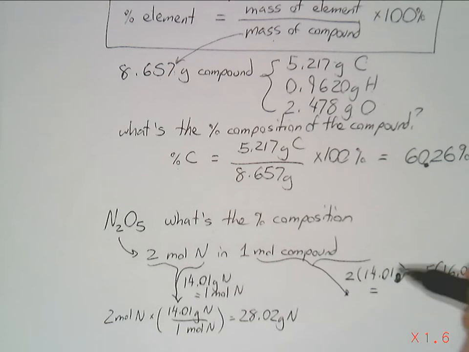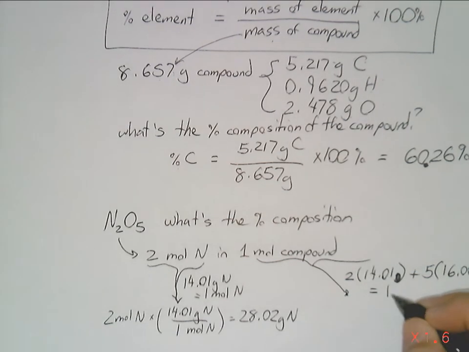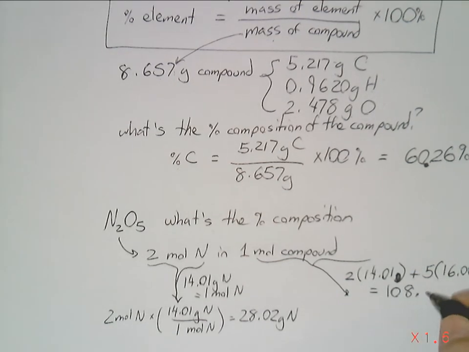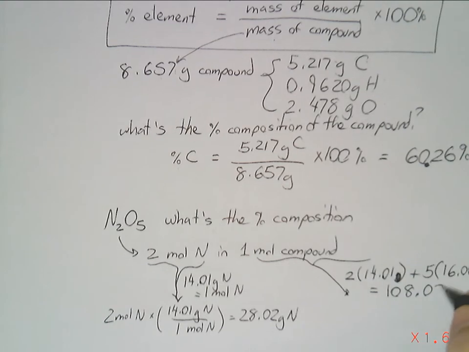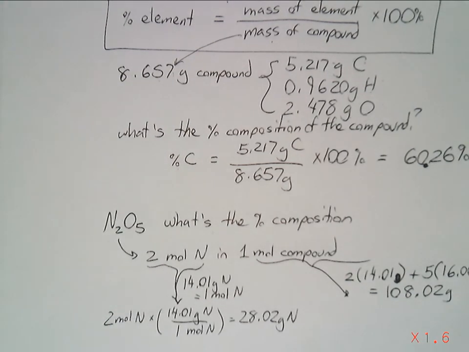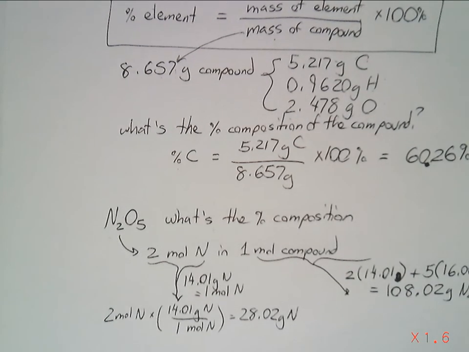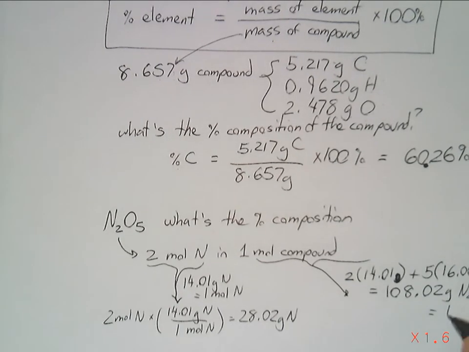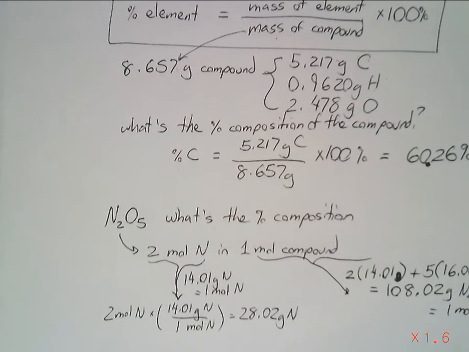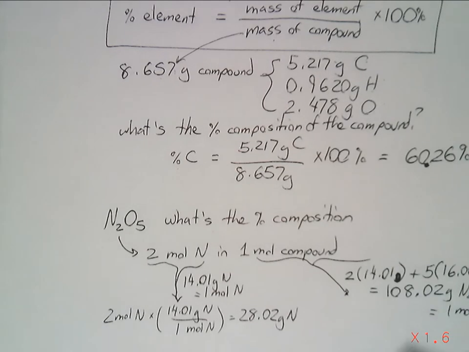So 2 times 14.01 is 28.02, plus 5 times 16. 5 times 16 is 80, so it's 108.02 grams of N2O5 in 1 mole of N2O5. That's the molar mass of N2O5.